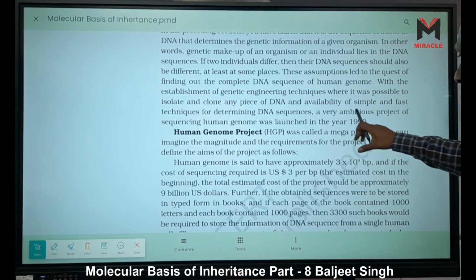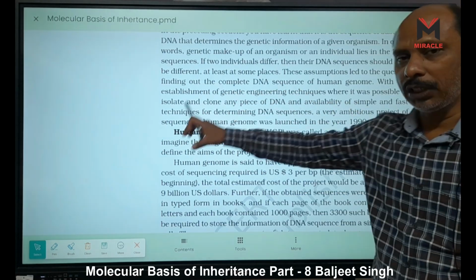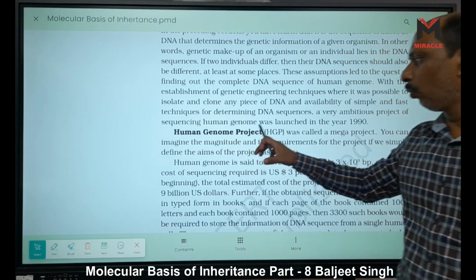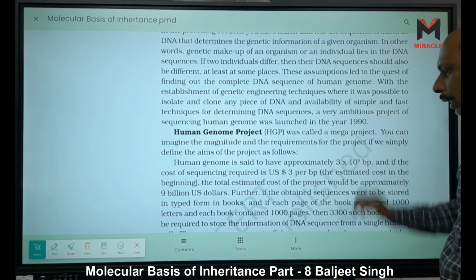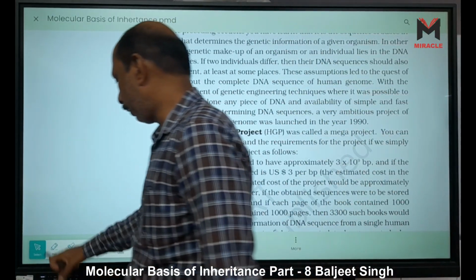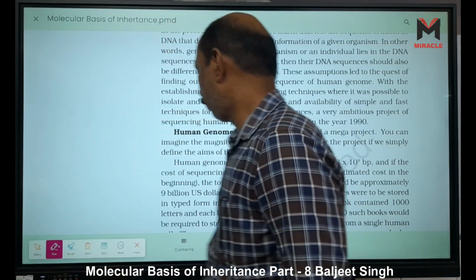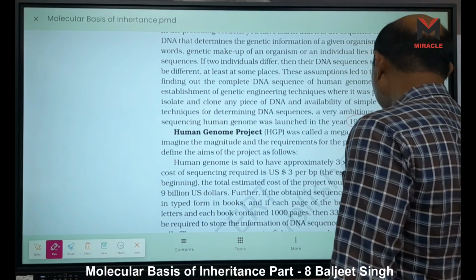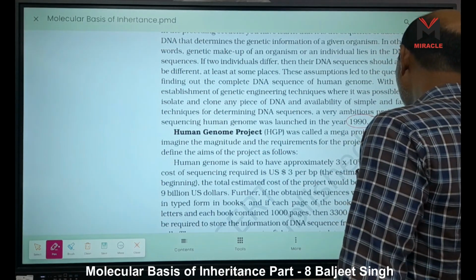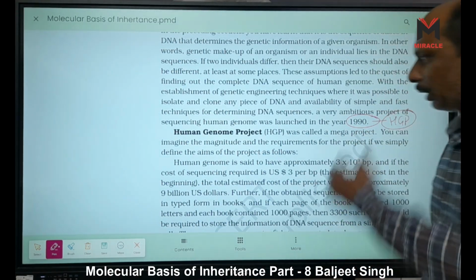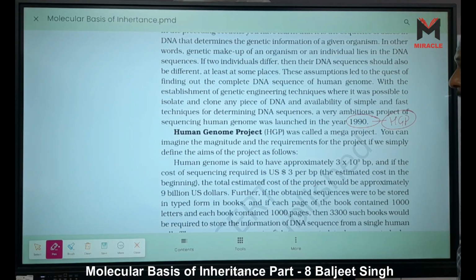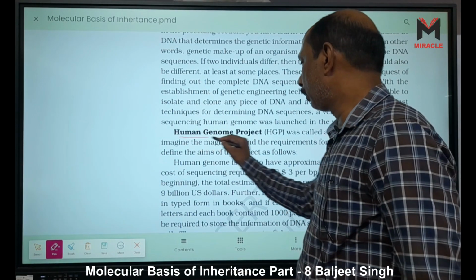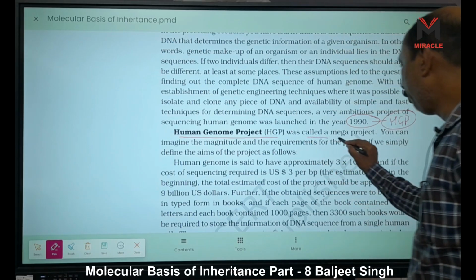A very ambitious project of sequencing the human genome was launched in the year 1990. The HGP, Human Genome Project, was launched, right?